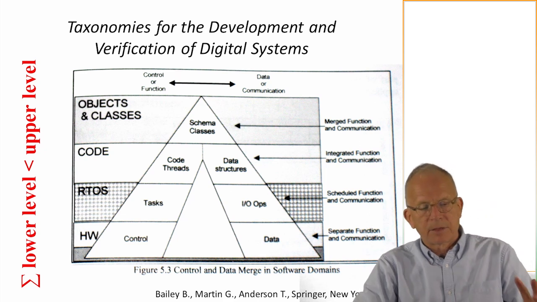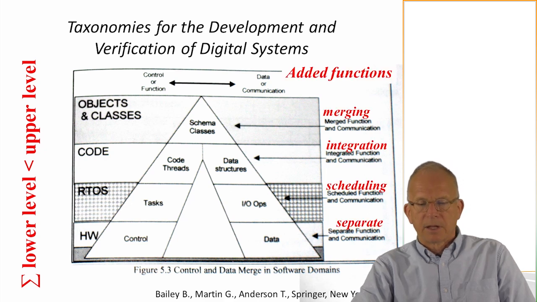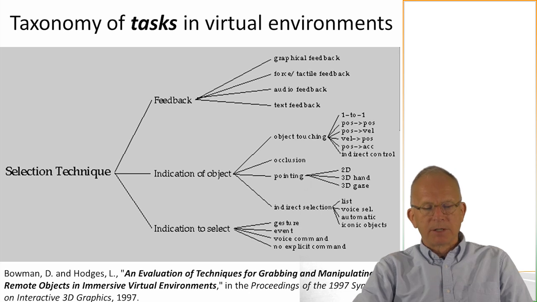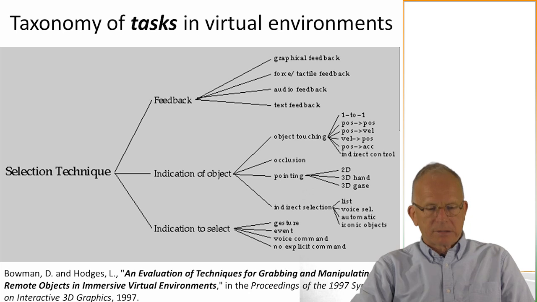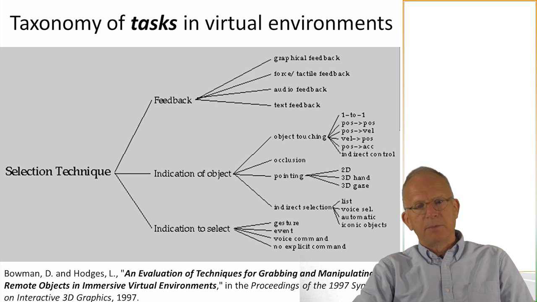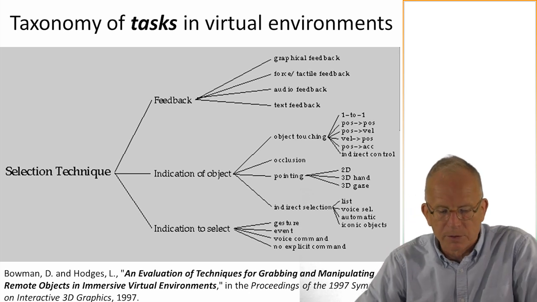Again, the sum at the lower levels has to be less than at the upper level, and has merging, scheduling, and separate things. Those are added functions. Next, a taxonomy of tasks in virtual environments. Here's another graphical example of a decomposition. The selection technique is decomposed into feedback, indication of object, and indication to select, and each of those is further decomposed.